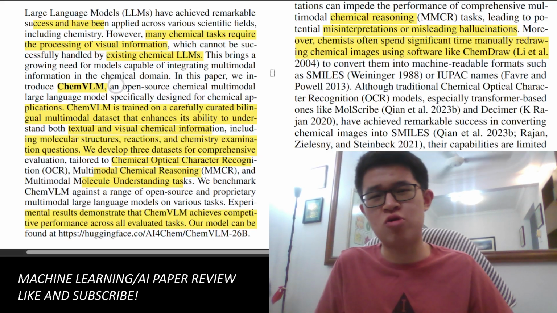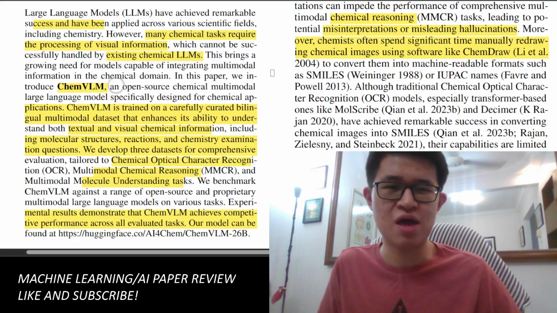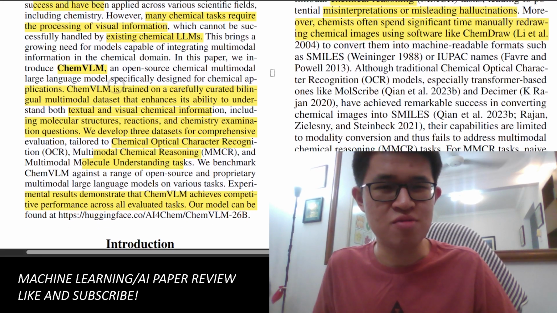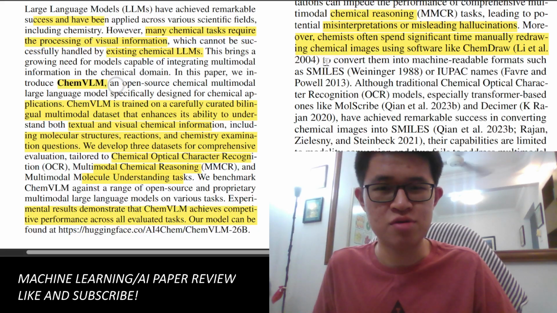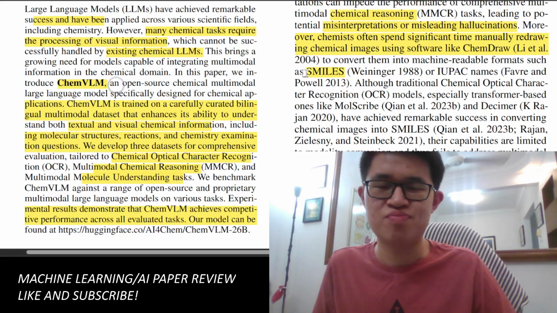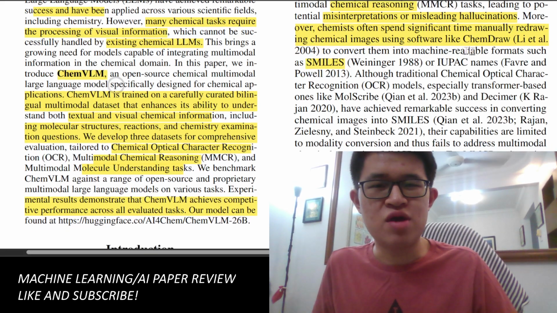They are usually quite bloated and it costs money, which is a shame. This is done to convert them into machine readable formats such as SMILES, or IUPAC names.